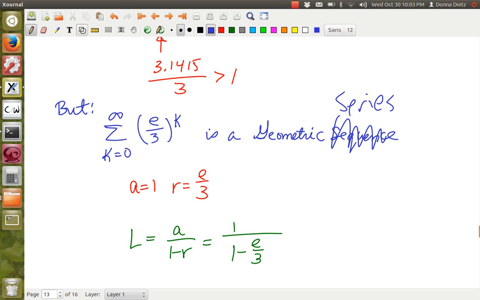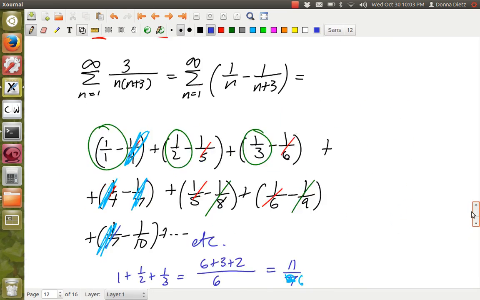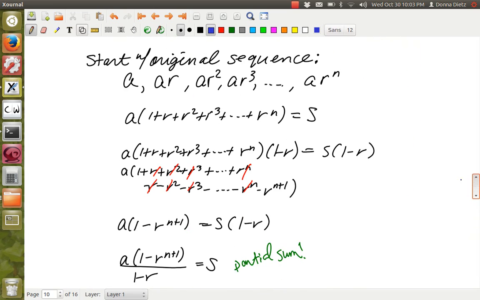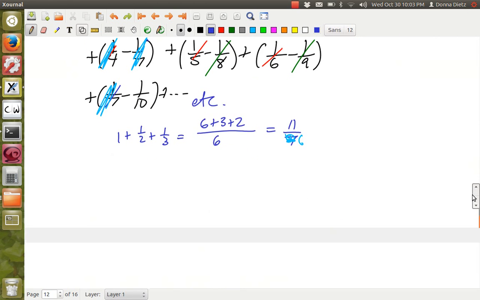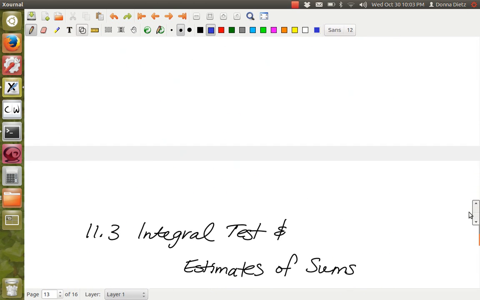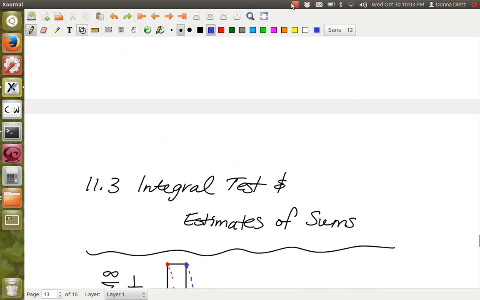And if I say on an exam, show me, without relying on a formula, show me all the steps, then you would have to go back to this kind of discussion. Yeah, okay, that's it for 11 point.